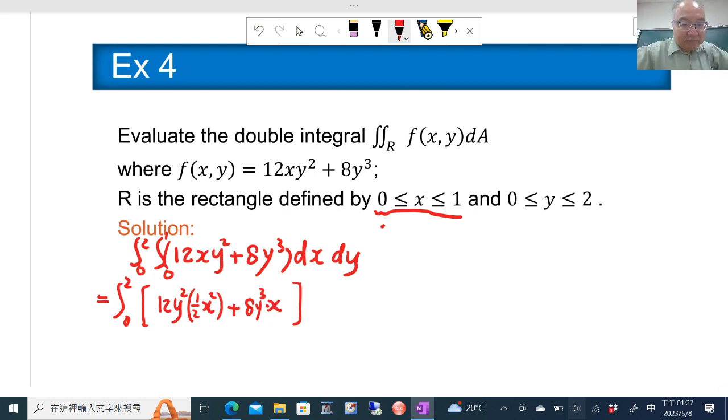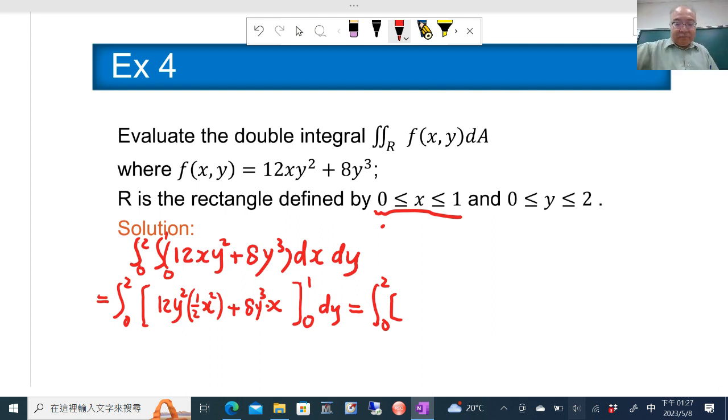So I have x, and the plug in will be from 0 to 1, dy. So in the first step, we finish our integration on x only, and 0 to 2.